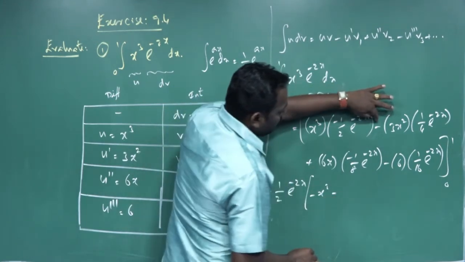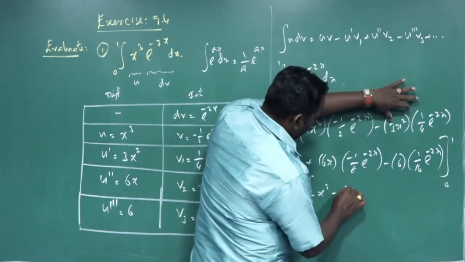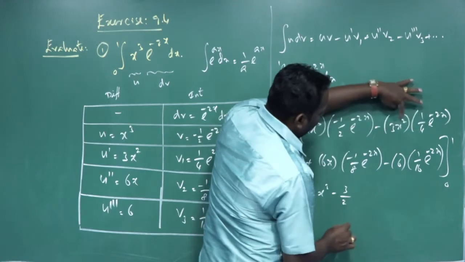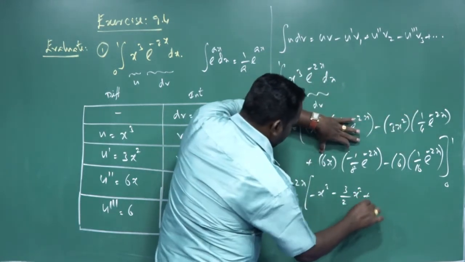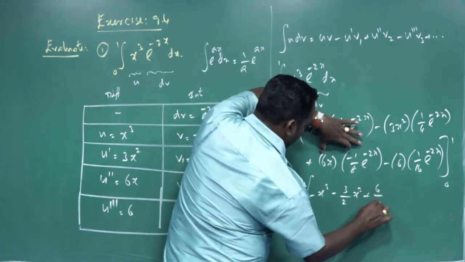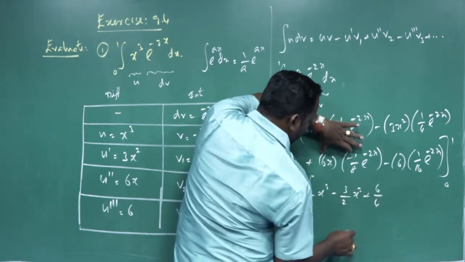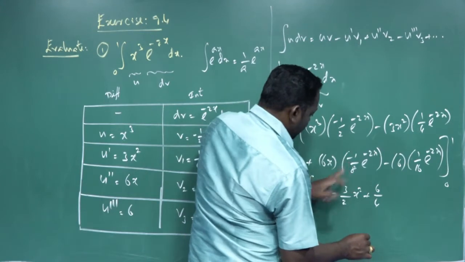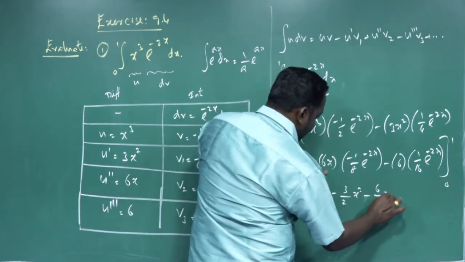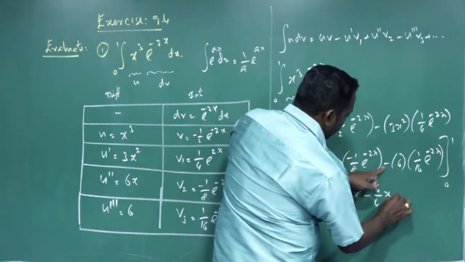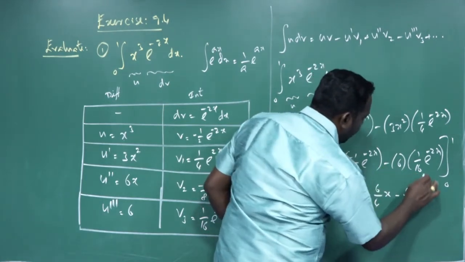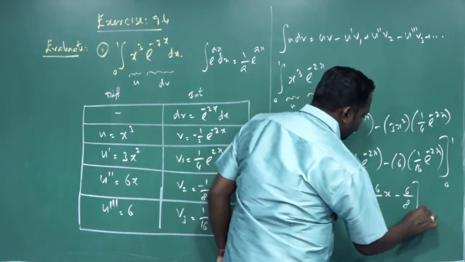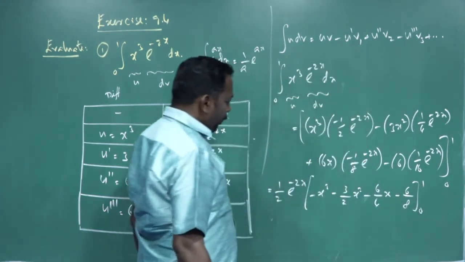Then minus 3 by 2, the denominator, x square is remaining. Then plus 6 by 2 taken commonly, 4 is remaining, times x. Then minus 6 by 2 taken common, 8 is remaining. Then e power is taken out, and the limits 0 and 1 remain.